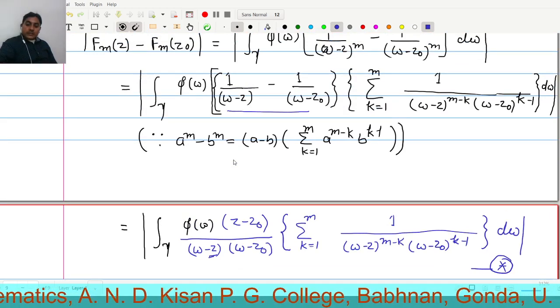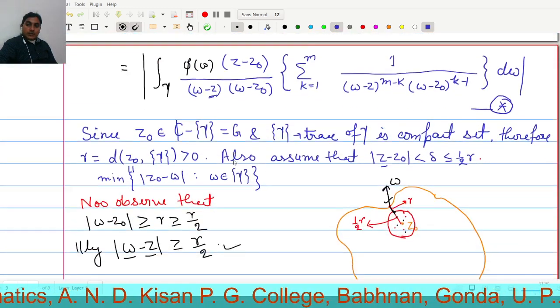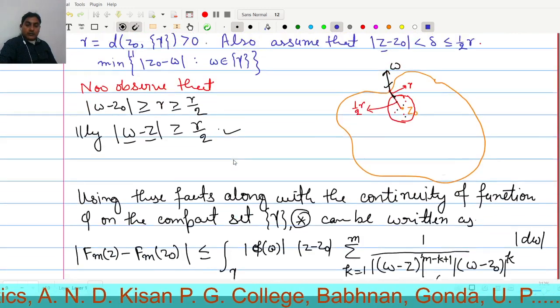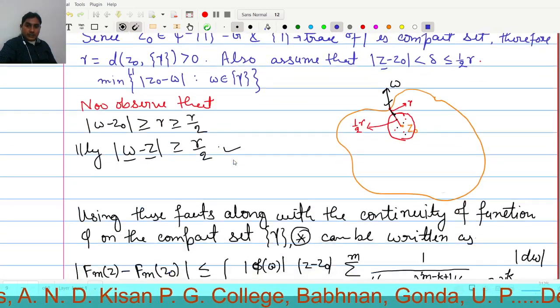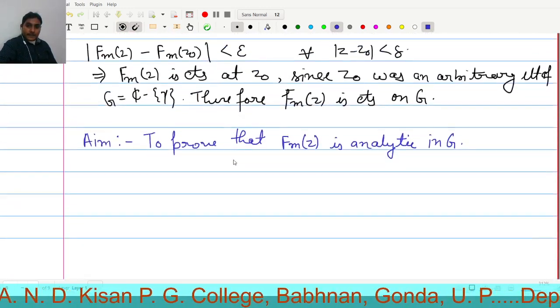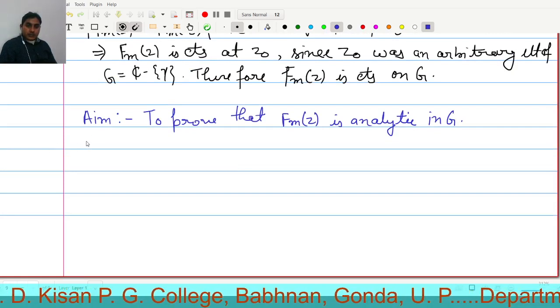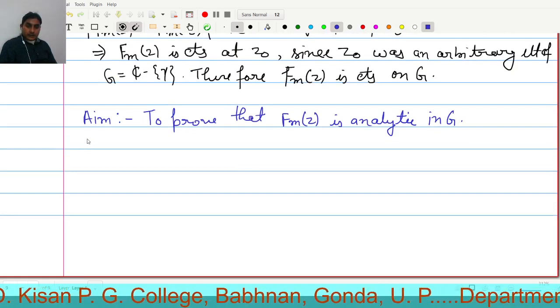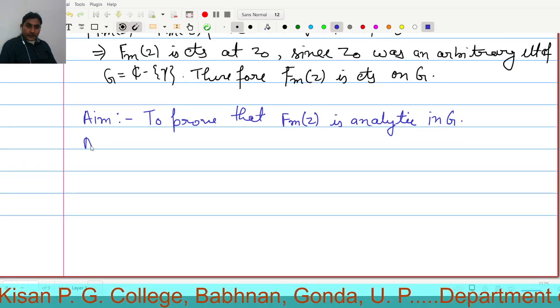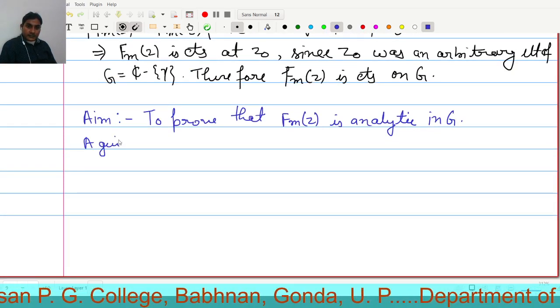Again observe this particular relation star. Star relation I am writing once again. So to prove this, again consider the relation star.